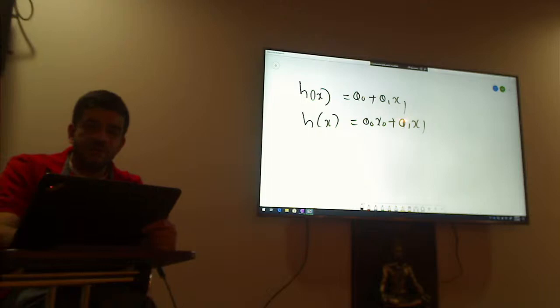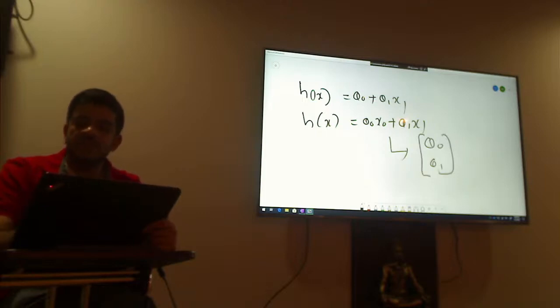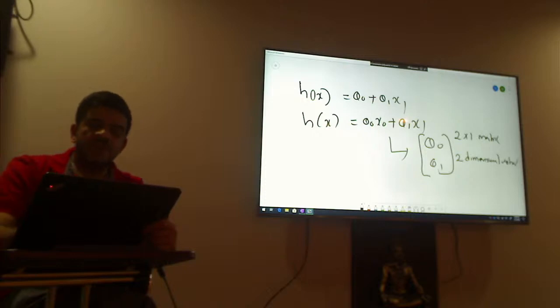So how do I write it down? What would be the theta vector? Theta 0, theta 1. This is a 2 by 1 matrix, or a two-dimensional vector.